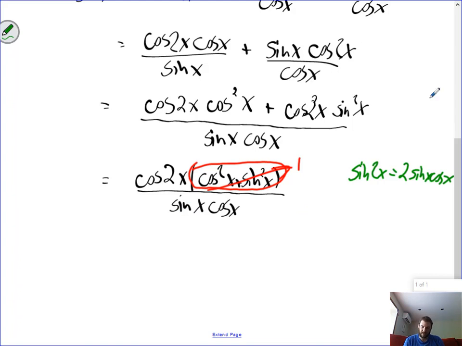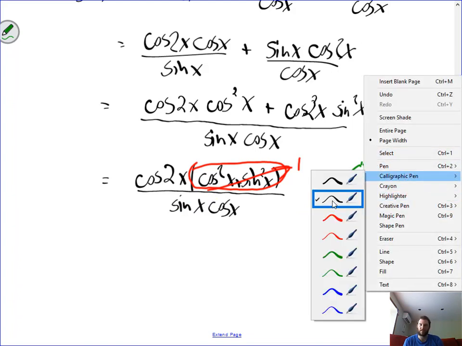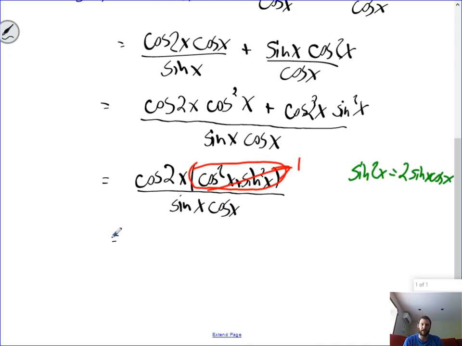So if that's the case, if I were to take this and try to use the identity, instead of getting sine 2x, what I get is cos 2x over half of sine 2x.